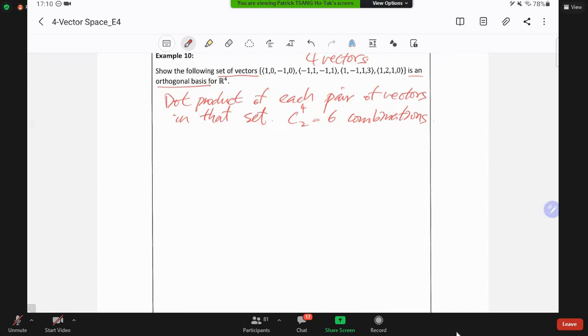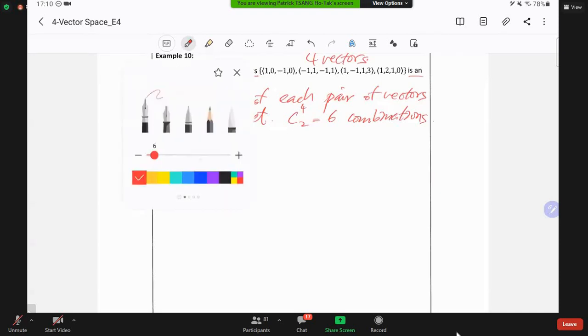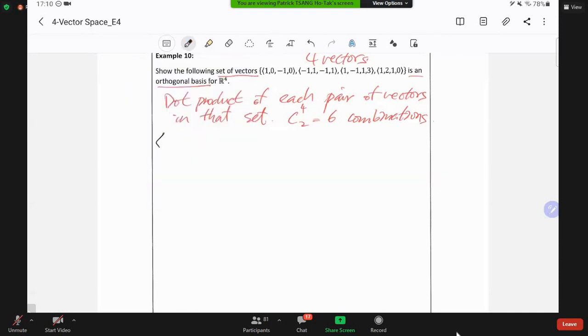Of course, I just work out one initial or starting example, so for the rest of them you can use a similar idea to verify. I just pick the first vector in the set and the second one.